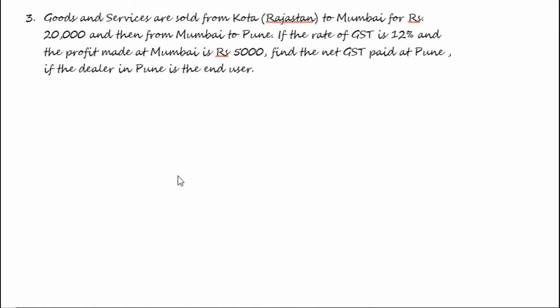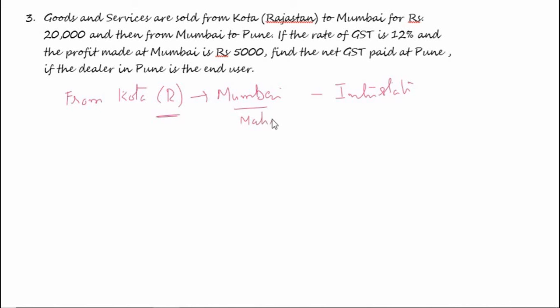Now, goods and services are sold from Kota, Rajasthan to Mumbai. This is interstate, between Rajasthan and Maharashtra.